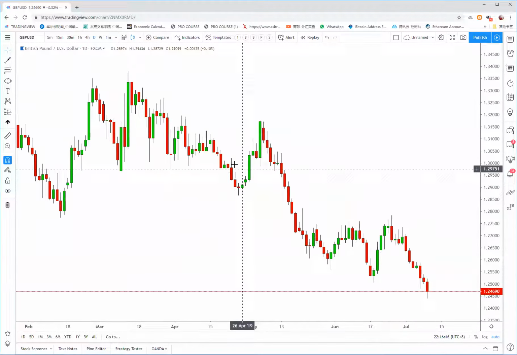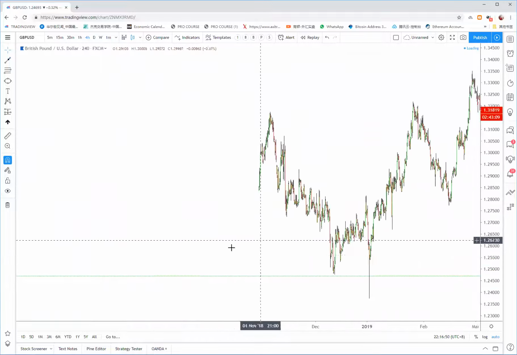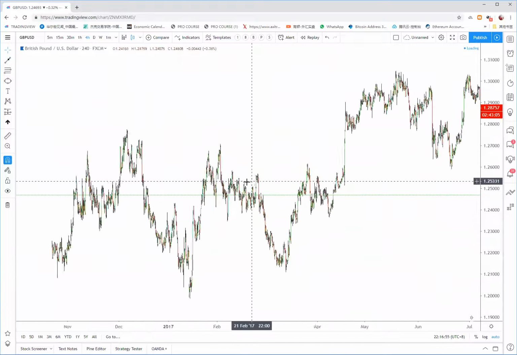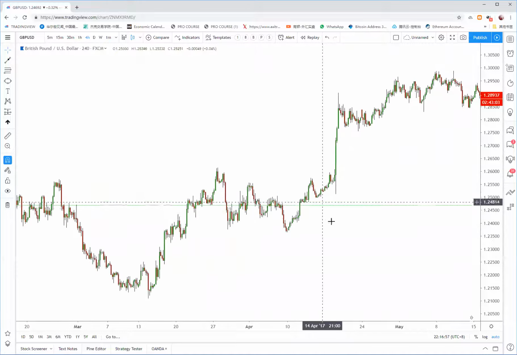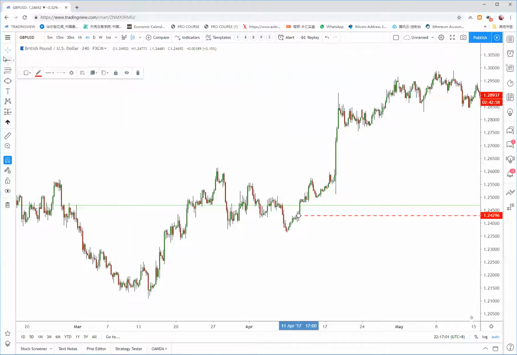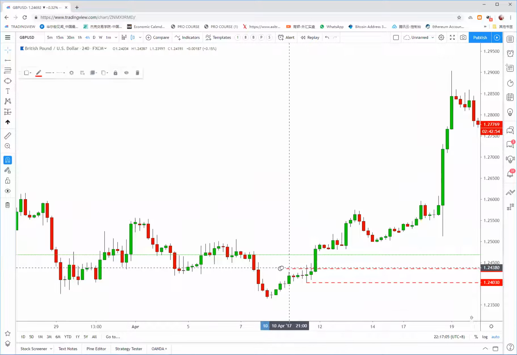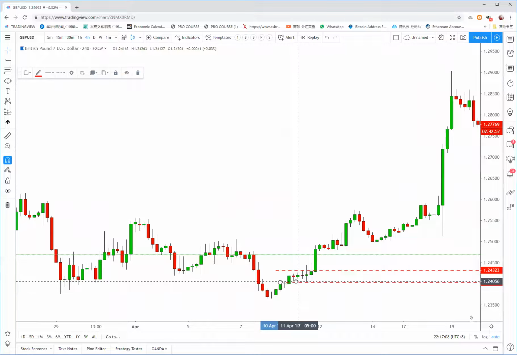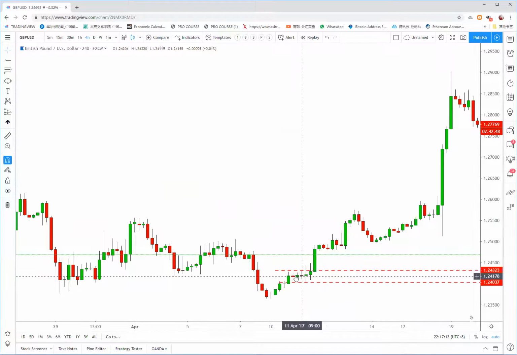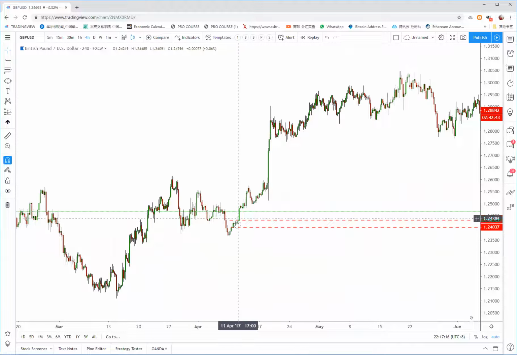But I want to highlight that in the 4-hour chart, if you look left, it is very close to a very strong support, which is here. I'm going to highlight this zone because it is really important. As you can see, the price has been consolidating within this area, and that led to a huge move from this point.